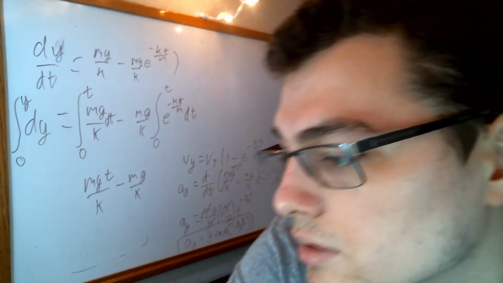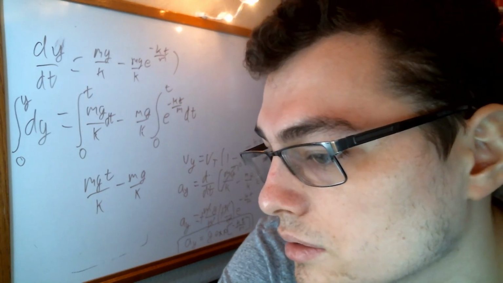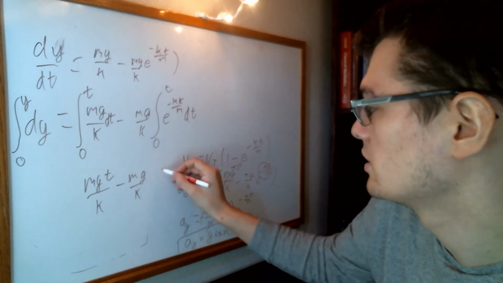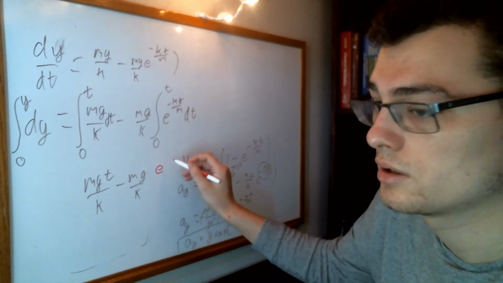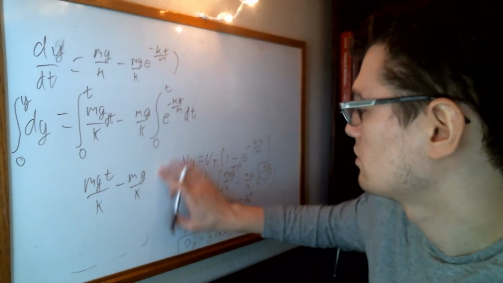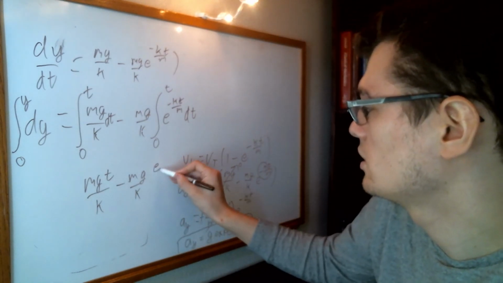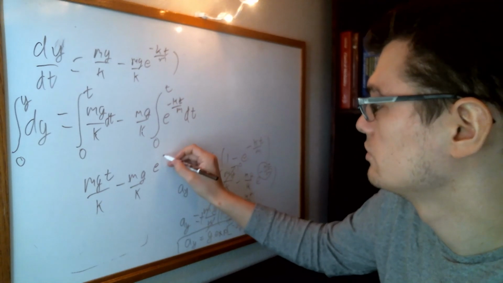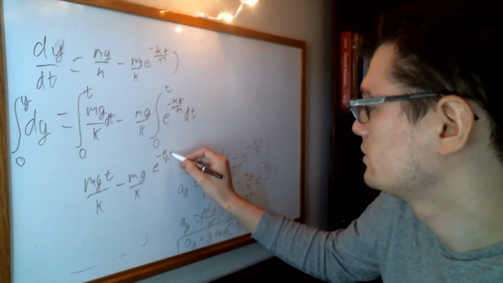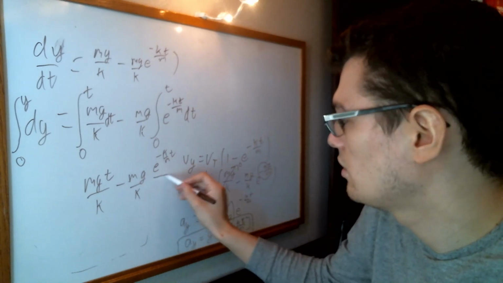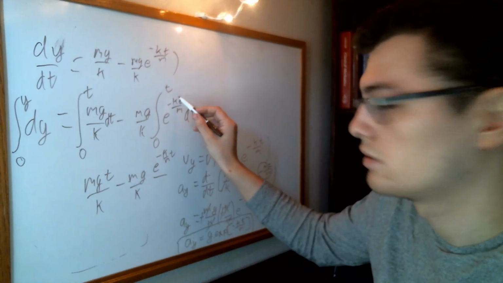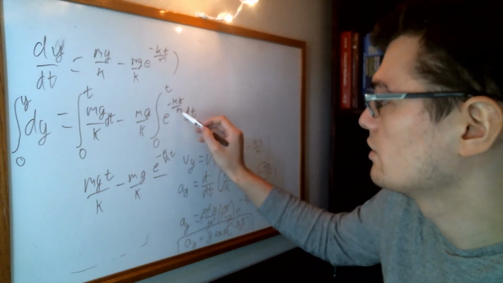And here, this integral is just going to be e^(-kt/m) all over a, which in this case is going to be k/m.